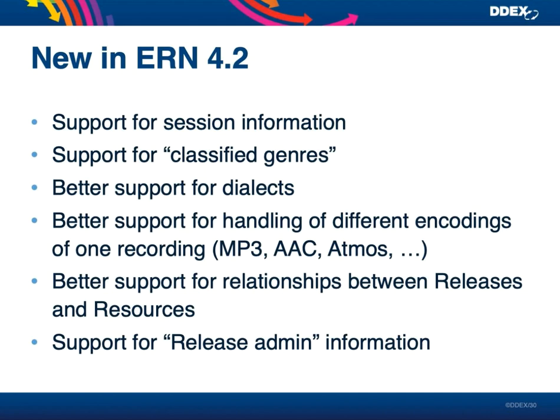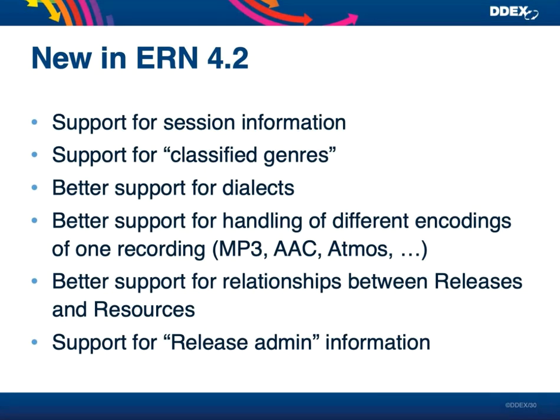There is a much better handling of encodings, different encodings communicating MP3s next to AACs, next to Atmos files, and how a DSP can receive, or a label can send. For example, they sent MP3 and AACs, and now they want to upgrade the listening experience to Atmos for all the resources.